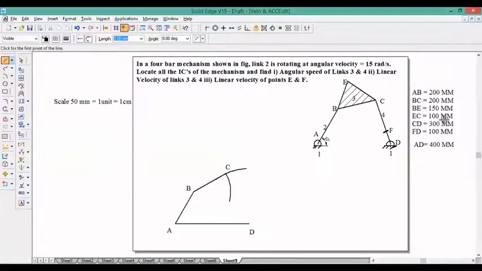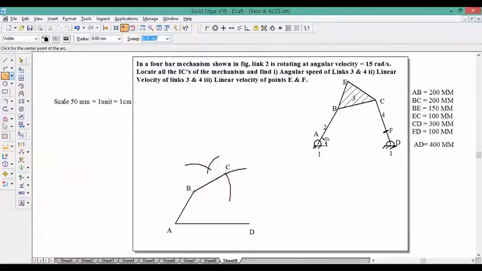Now B to E is given as 150. 150 means 3 centimeters. Take the compass, measure a 3 centimeter line, keep the compass at point B, and with a 3 centimeter radius, cut an arc. Similarly, take another distance, that is C to E, 100, that means a 2 centimeter line. So you cut a 2 centimeter radius arc.